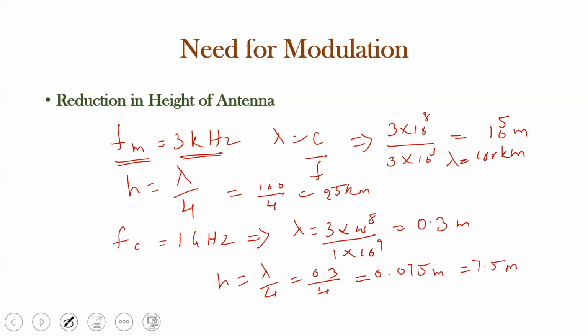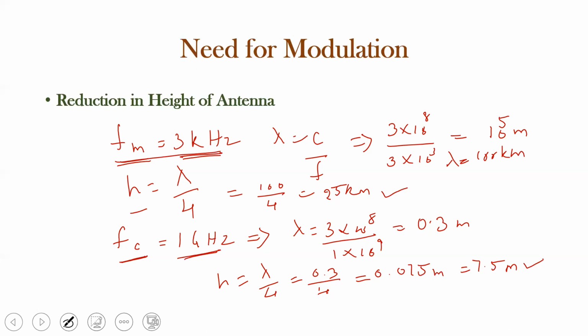So as we can see, whenever the frequency is less, the height that is required is 25 kilometer. If we increase the frequency of the transmitted signal, when we take the frequency to be 1 gigahertz, the height of the antenna is very much reduced.